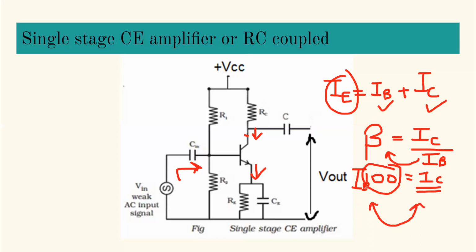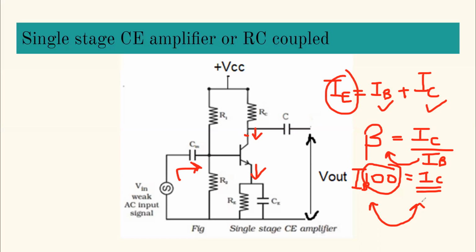If IB increases, IC increases. If IB decreases, IC decreases. So there's a linear relationship. Therefore, it is known as linear amplifier. And for very small signals of IB, you get a considerably large amplification. Hence, it is known as small signal amplifier. कहाँ use होता है ये सब? ये radio receivers, TV receivers में first stage में ये use होता है.